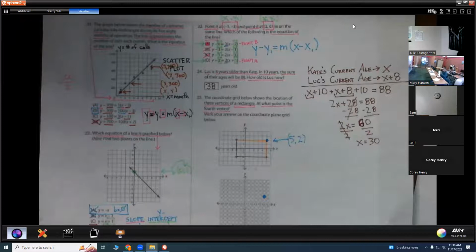Or the other thing you could do is, if you need to find B and you can't see it, you could solve for Y, but you have to find B. You would have to know the slope of the line, and then what you could do is use the point slope form.